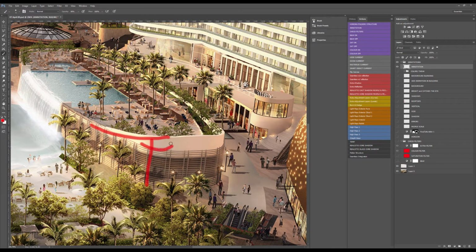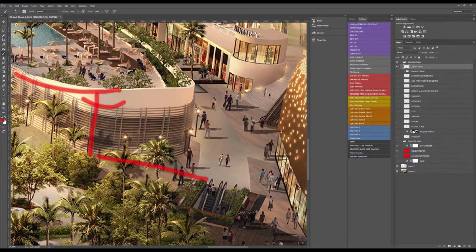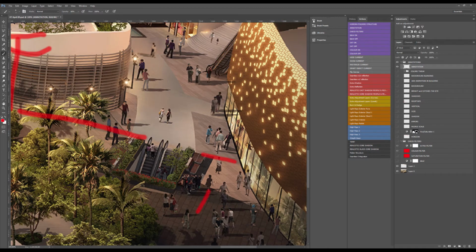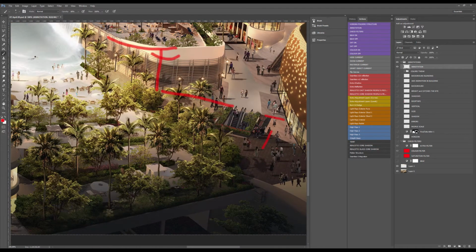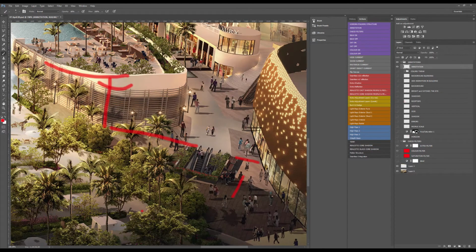We do have this soft transition, but when you look at the ground, it doesn't really look as if it was dark. There are so many transitions and different shadow intensities that you don't really get what's happening.